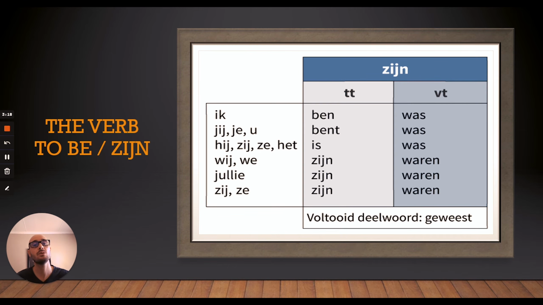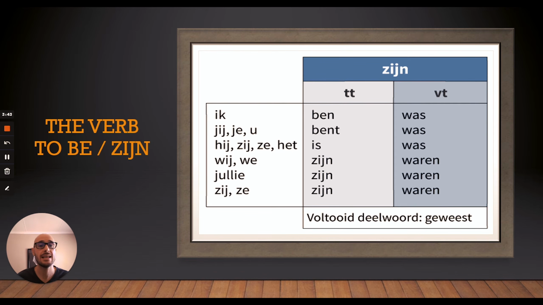So what I'll do is I will read the present tense aloud, so you can make yourself familiar with the pronunciation of the verb to be in Dutch. Alright? So ik ben, that would be I am. Jij, je, u bent, that would be you are. Jij and je would be informal, and u would be formal.